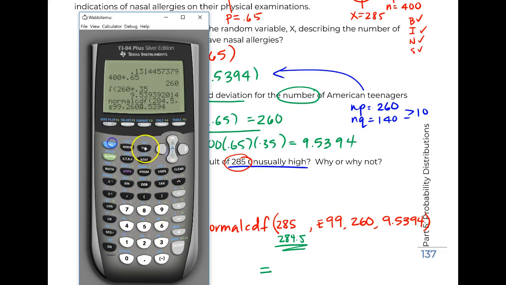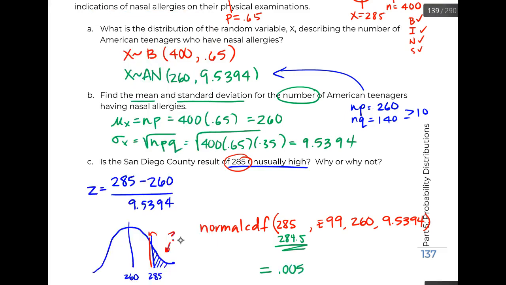It is so hard to type on this thing. There we go. 0.0051. So even though this z-score wasn't terribly extreme, this probability is insanely low. So I would say yes, because there's only a 0.5% chance of getting that many people.